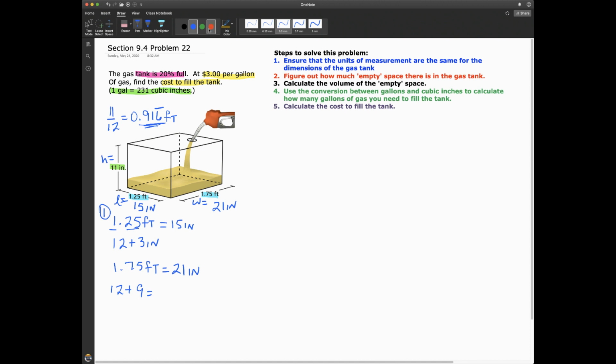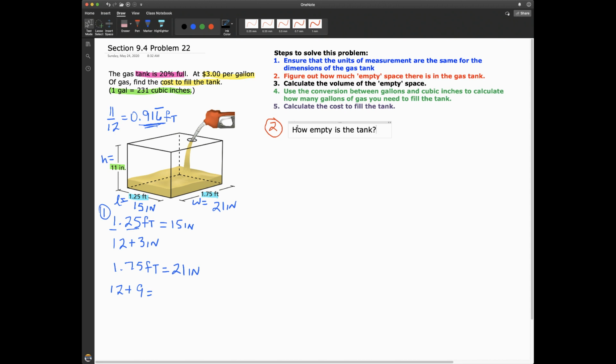All right, step two. Let's see if we can figure this out. How much empty space is there in the tank? If I fill the tank all the way up to the top, it would be 100% full, but it's not 100% full. It's only 20% full.